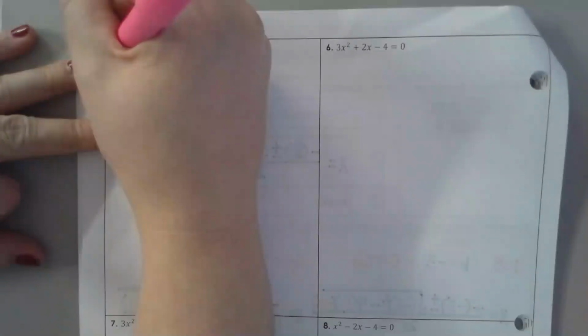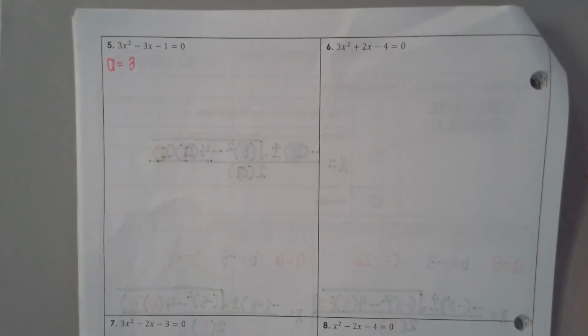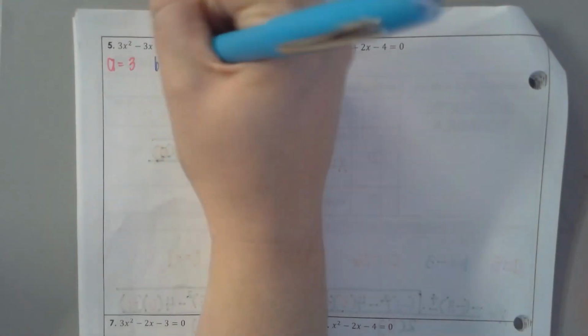All right, number 5. Let's do A is 3. What's B? -3. And C is -1. Good.